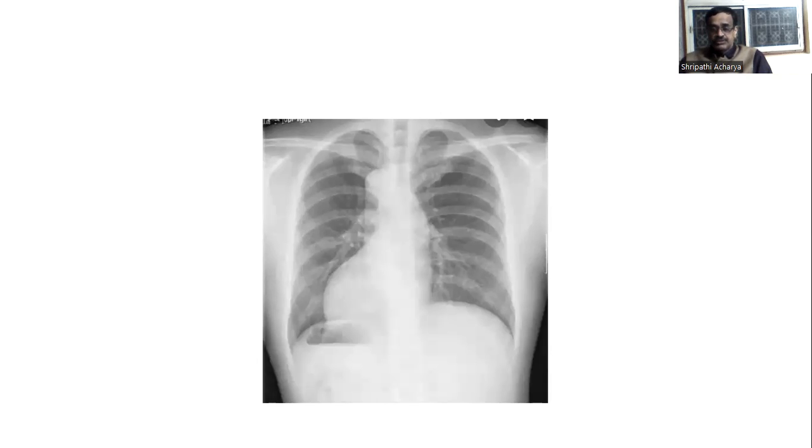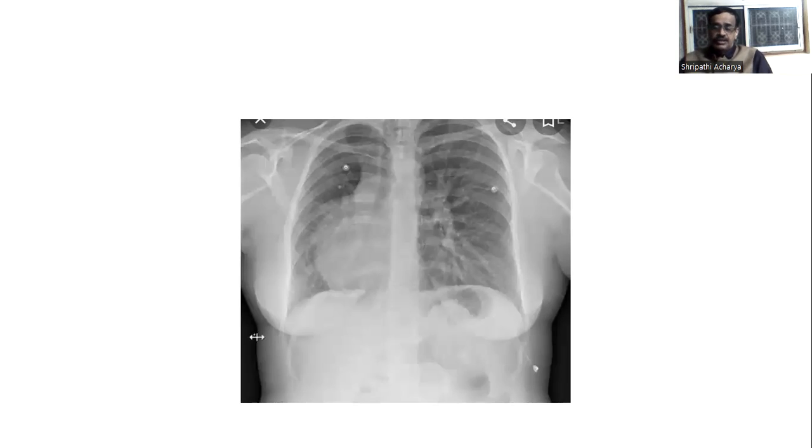So the stomach is situated in the right side instead of the left side, and the liver is situated in the left side. So this is dextrocardia with situs inversus. However, you can see the aortic knuckle is also on the right side. It is prominent.